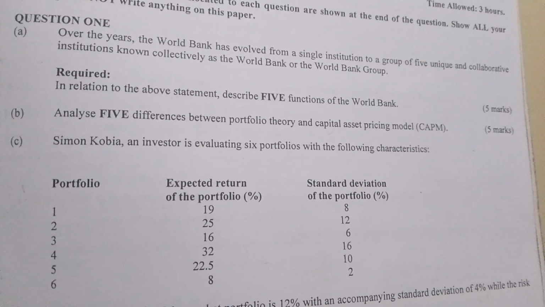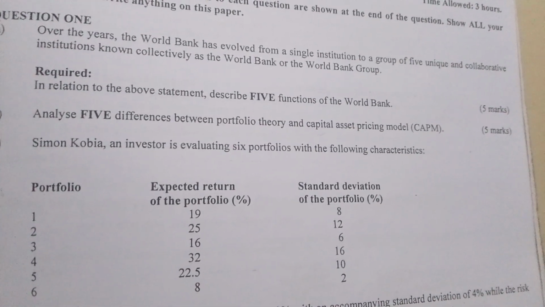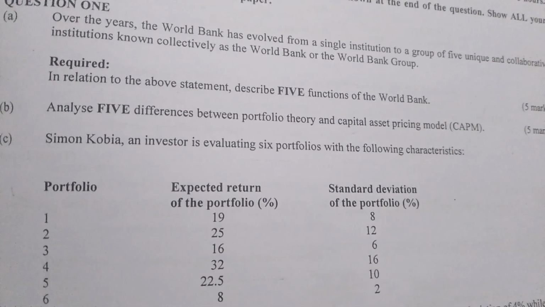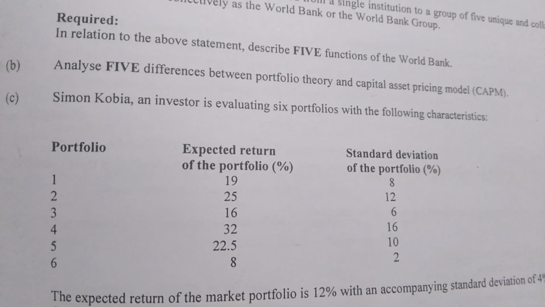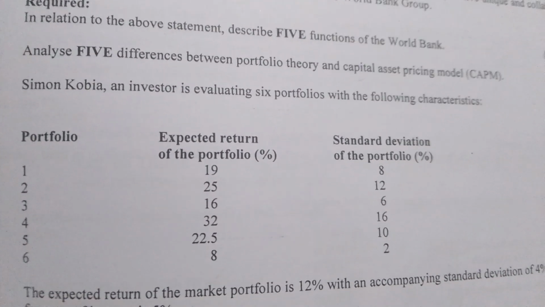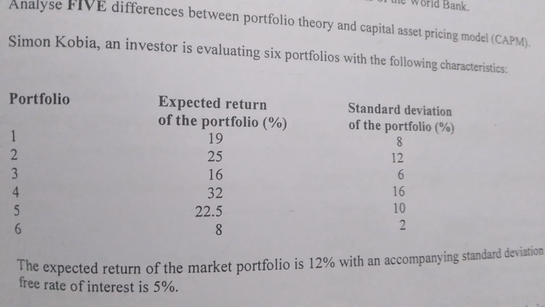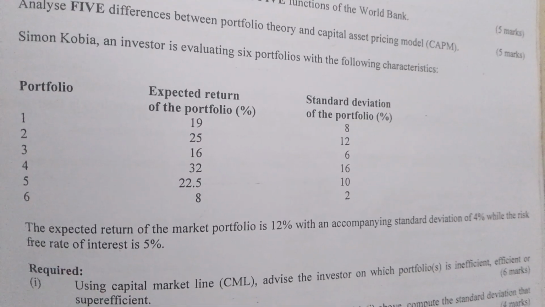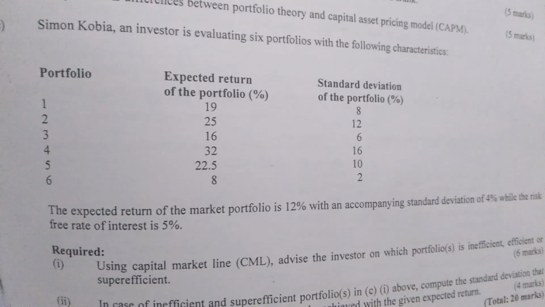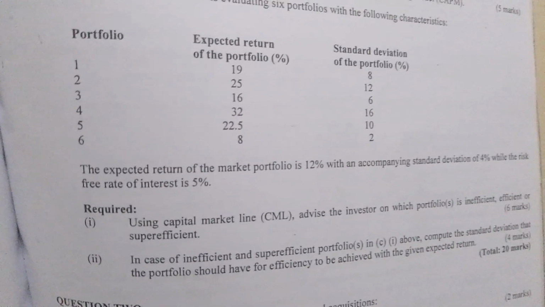Now the question is there. You're being told Simon Cobier, an investor, is evaluating 6 portfolios with the following characteristics. Portfolio 1, 2, 3, 4, 5, 6. Expected return of the portfolio, we have 19%, 25%, and all that. Then standard deviation of the portfolio, the figures have been given there.